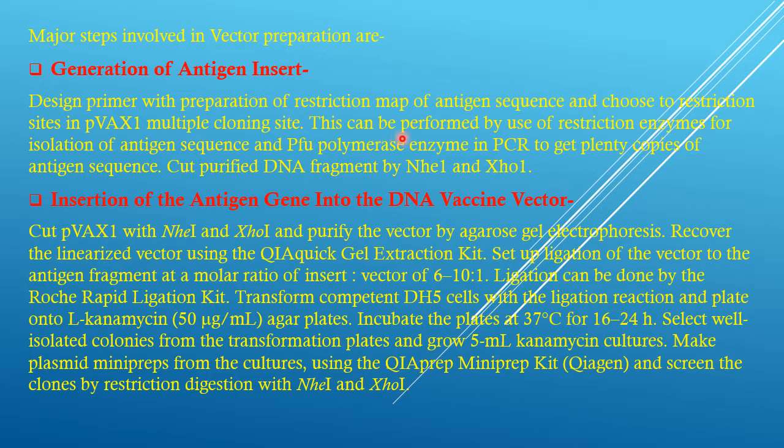This can be performed by use of restriction enzymes for isolation of the antigen sequence and Pfu polymerase enzyme in PCR to get plenty of copies of the antigen sequence. Cut the purified DNA fragment by NheI and XhoI. These are the restriction enzymes which can cut the DNA fragment for purification.